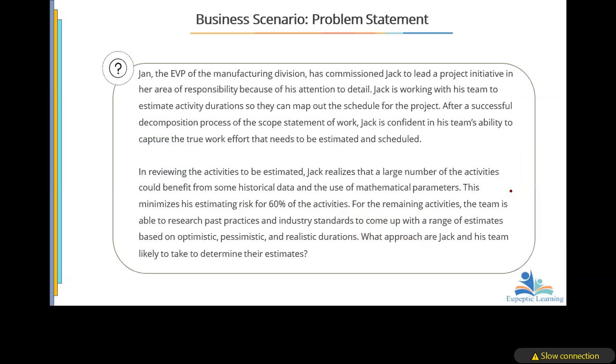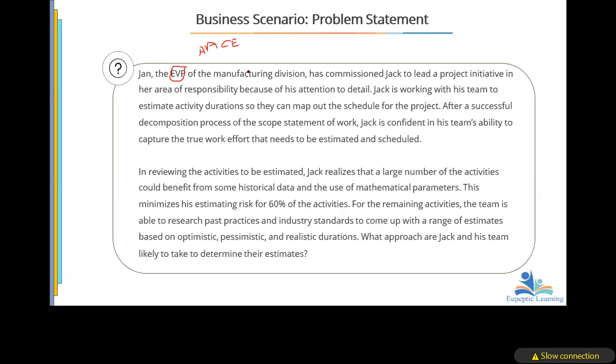Good. So this is a business case scenario. So let's see. John, the EVP, is end value professional. It is the trademark of AACE. So you can look for them. They give certain other certifications, like the certified cost professional.